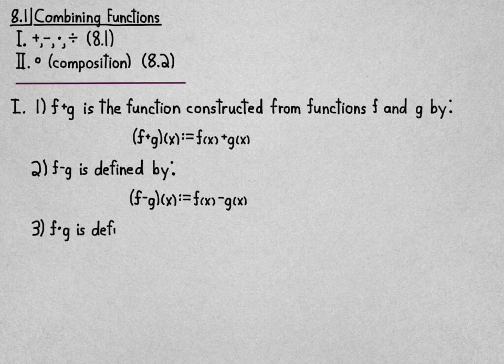Almost forgot what my example was. Okay, f times g, also written with parentheses around the f times g, of x equals, by definition, f of x times g of x. See the pattern? Pretty simple, right?